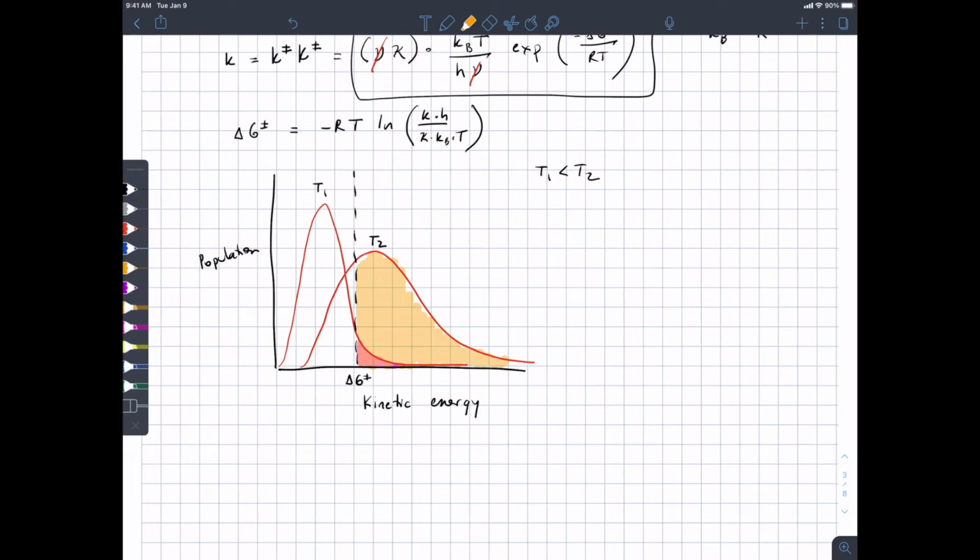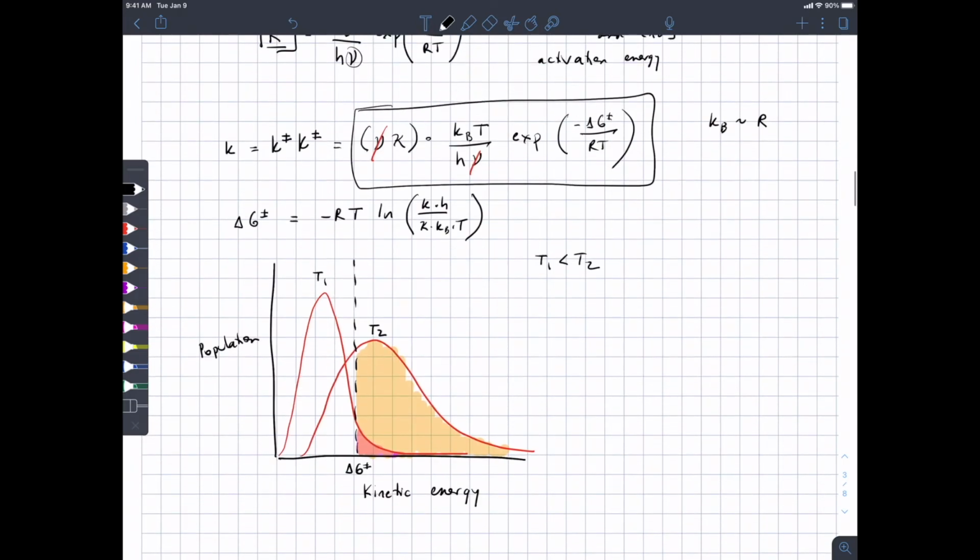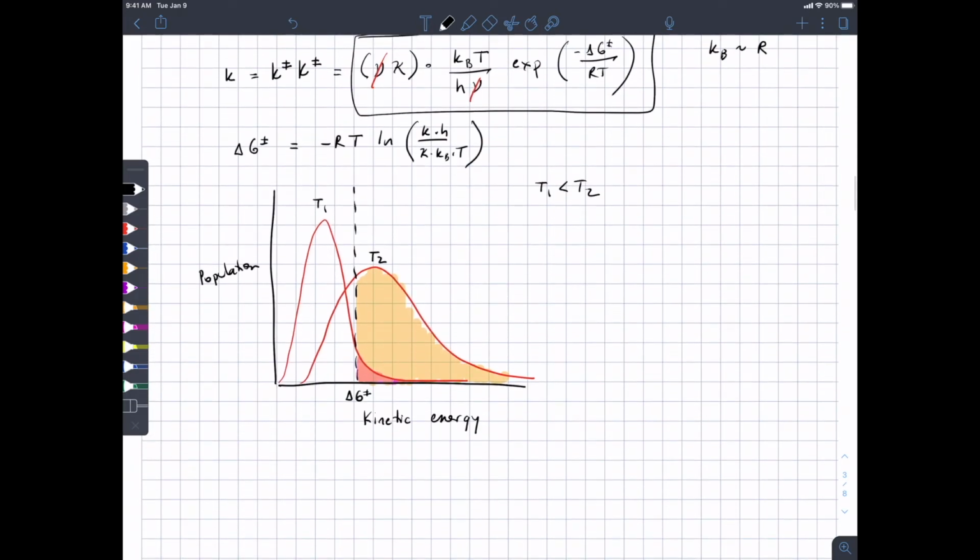Okay, let's get to the issue of the Eyring plot, because that's something that's going to come up. I'm going to just rewrite our equation for the rate constant, which is something we can measure. And that's equal to this number kappa, the transmission coefficient, times Boltzmann's constant times temperature over h, Planck's constant, times the exponential of the negative activation energy over RT.